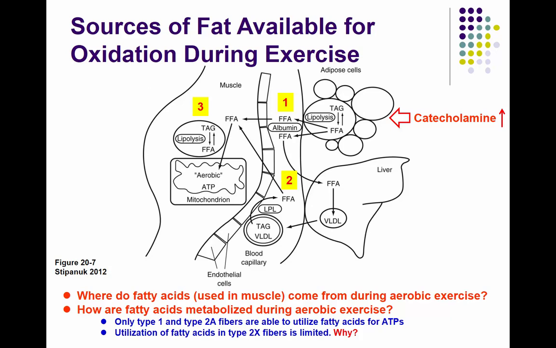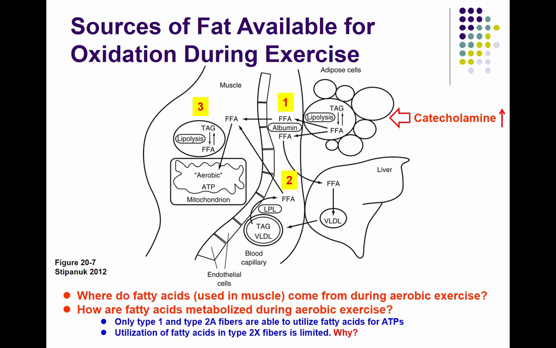So I would say not 100% no, but maybe they are able to utilize some fatty acids, because of again low mitochondria, right? And actually, type 2X fibers are mostly involved in anaerobic exercise, like 100-meter sprinting.